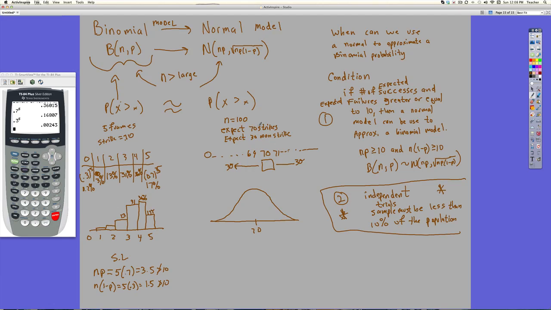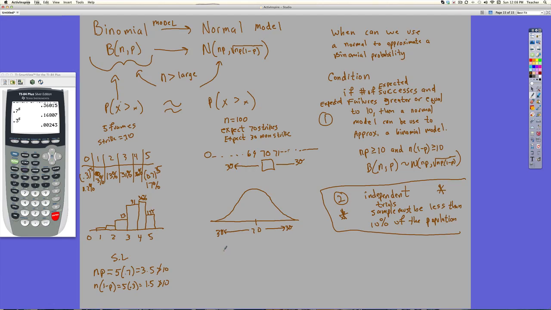We expect this many strikes if they took 100. But if you go 3 standard deviations this way and this way, it'll cut off pretty quickly. So the rest is just 0. It just isn't going to happen.